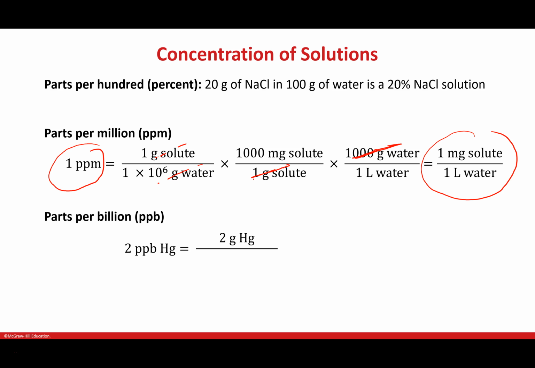So we could say, if it's 2 parts per billion, it's 2 grams of, in this case, Hg. So help me out, Glenna. What element is Hg? Nope. First letter M. It's in your fish. Oh, it's bad in your fish.